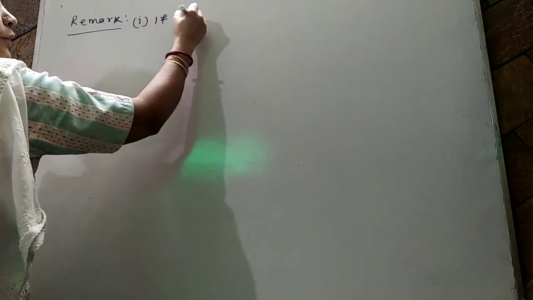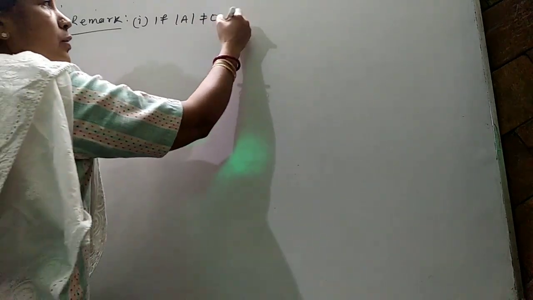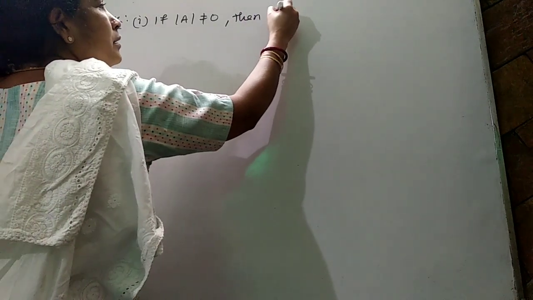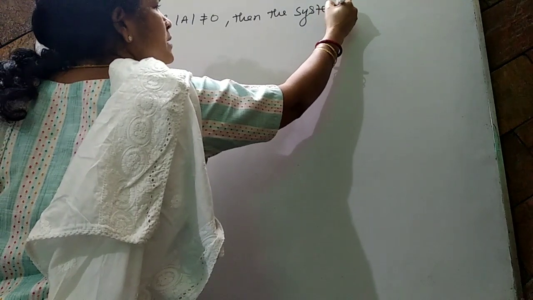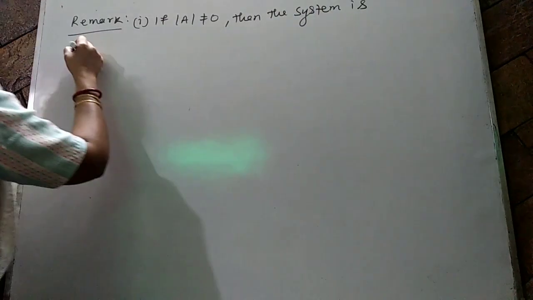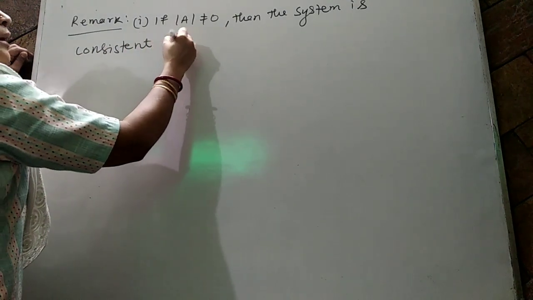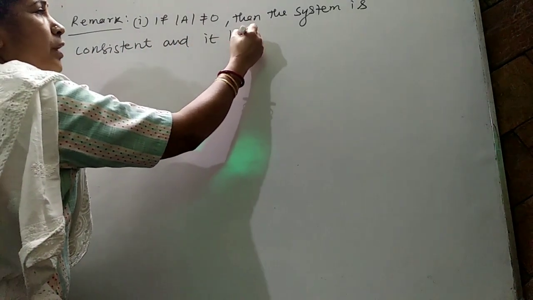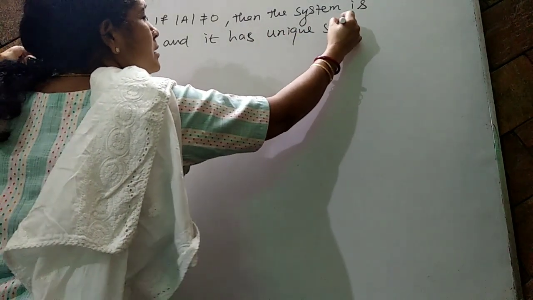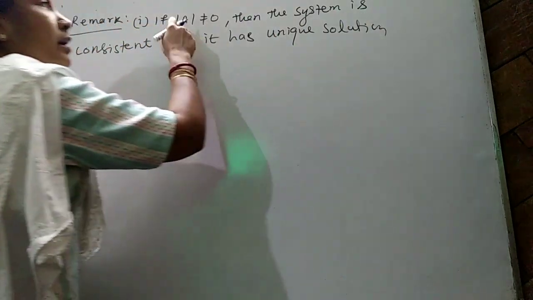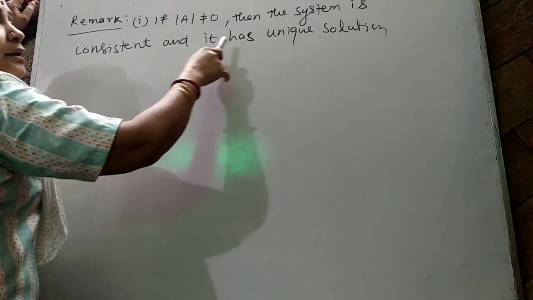If determinant A is not equal to 0, then the system, meaning whatever three equations we have written, is consistent and it has a unique solution.